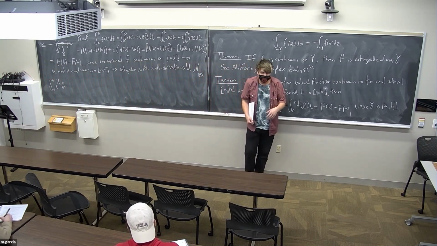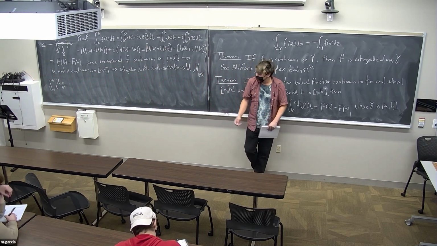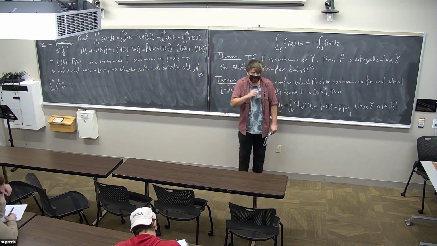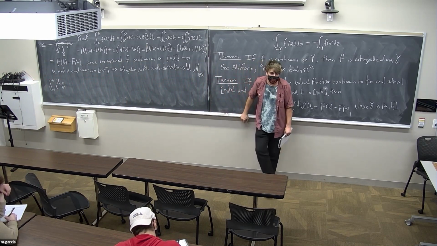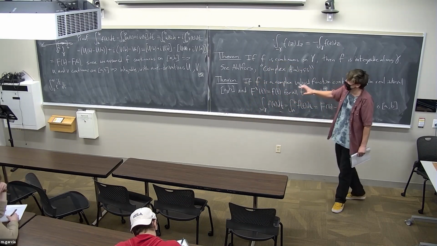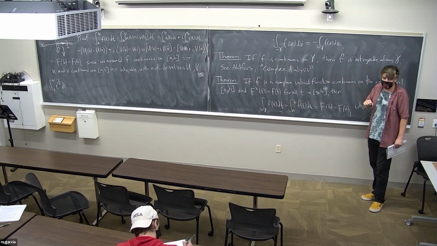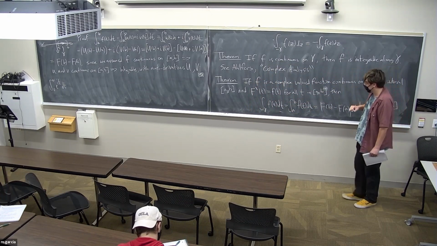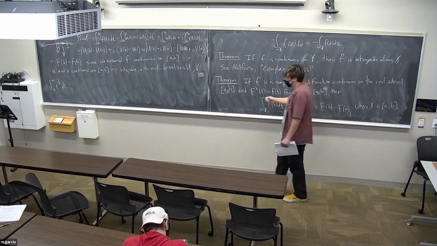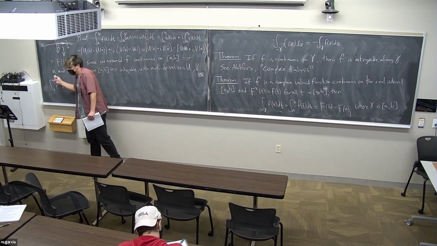I actually know that e to the it is analytic everywhere, so certainly it's continuous. How do I proceed in this problem? I satisfy the hypotheses of my second theorem here, right? So all I need is some antiderivative of this function e to the it.